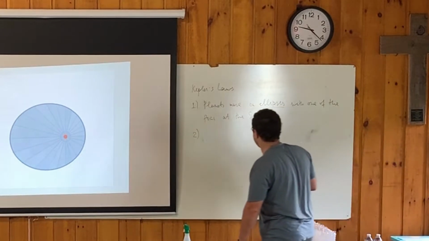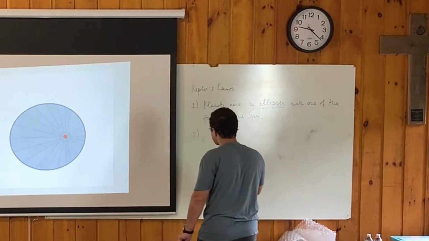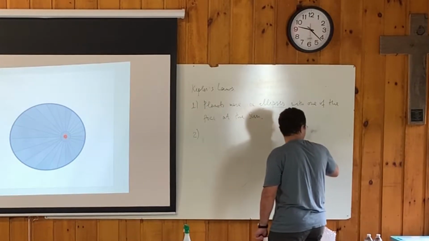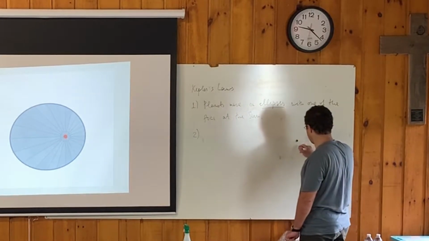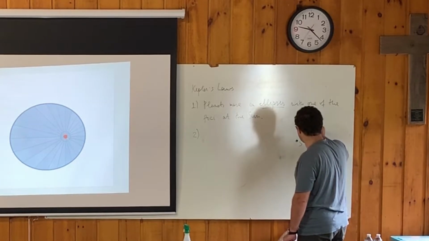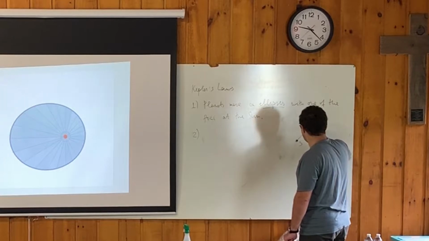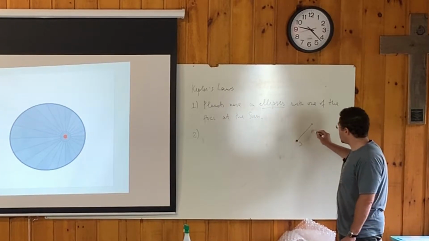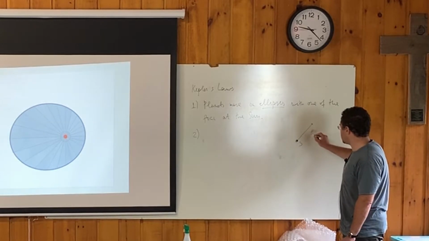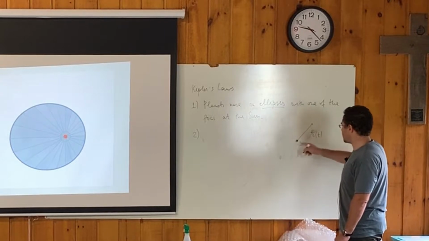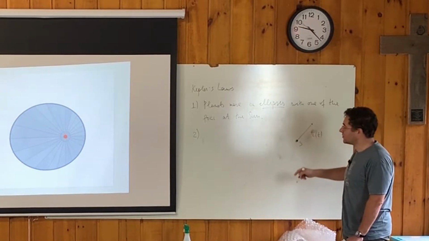Let's introduce the notation, as we usually do. There's a sun at the origin, then we have a planet, and at time t the position of the planet is described by r of t, the vector connecting the sun to the planet.